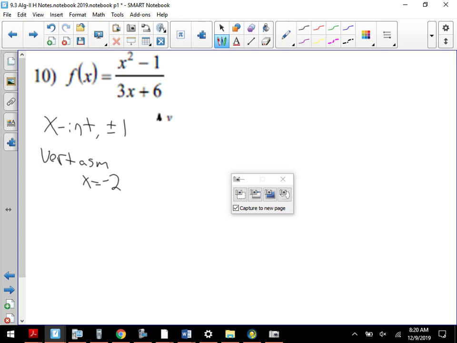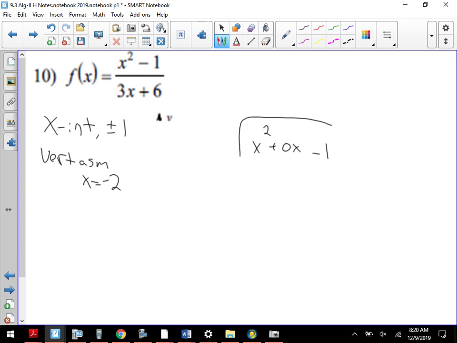So you do your long division. X squared, 0x minus 1. This is very similar to the one we did a little while ago, about when you multiply 3 by it, turn it into a 1. This is where you got your 1/3 x again.